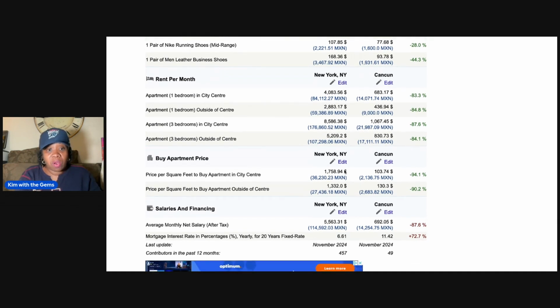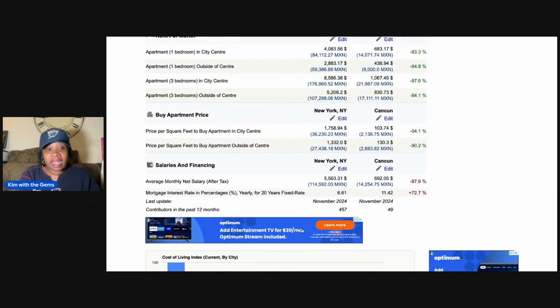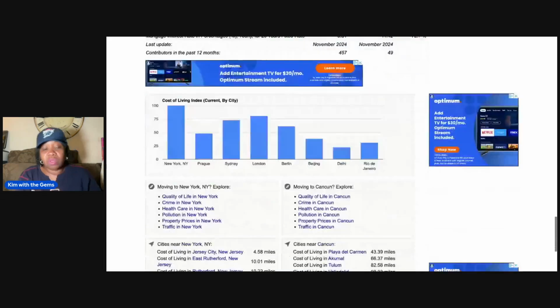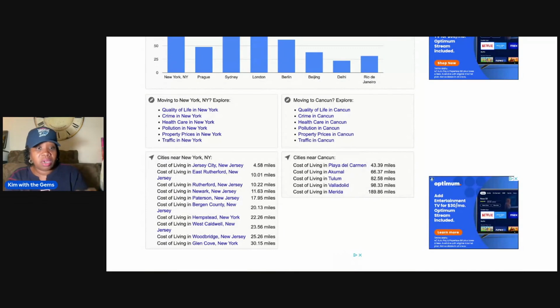And then if you're buying an apartment per square foot, it's a 90+% differential in Cancun versus New York. And then salaries, well, we're not working there unless you're a resident, you can't work there. So we're not going to worry about that.